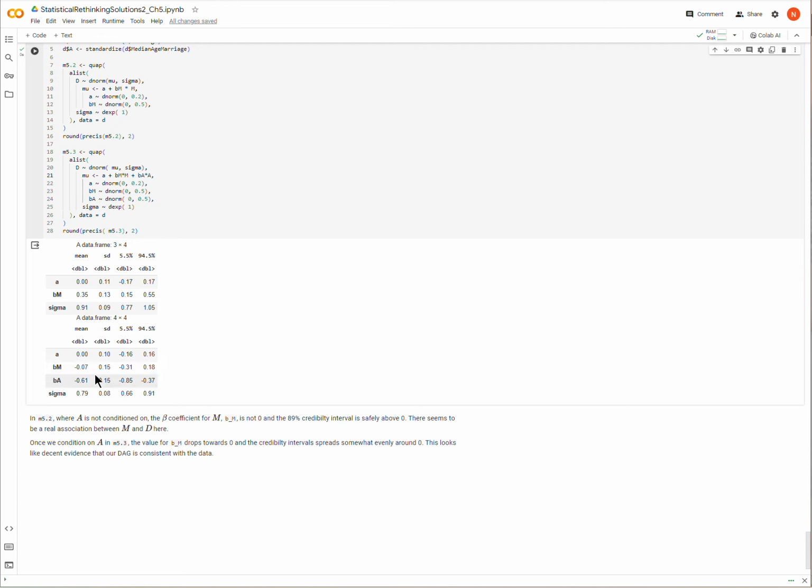The next test is after we condition on A. Then the association between M and D should drop towards 0. And in fact, that's what we see here. Now the beta coefficient for M, where it was safely positive, has dropped towards 0 and goes a little bit below 0, but again, these are just estimates, so don't overread into those.